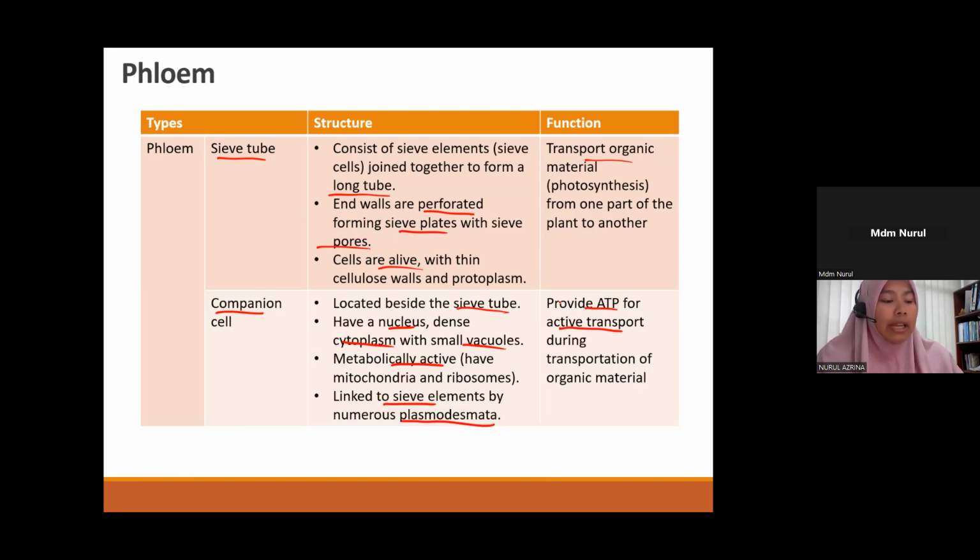In other words, it helps to load sugar using ATP into the sieve tube during transportation of organic material.